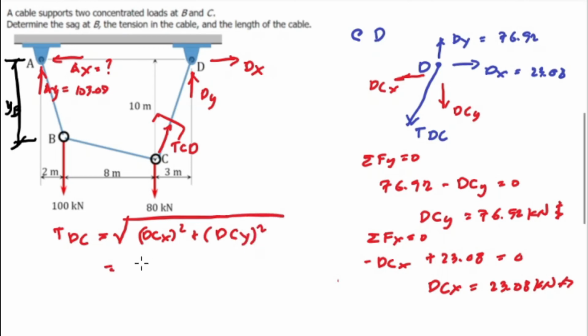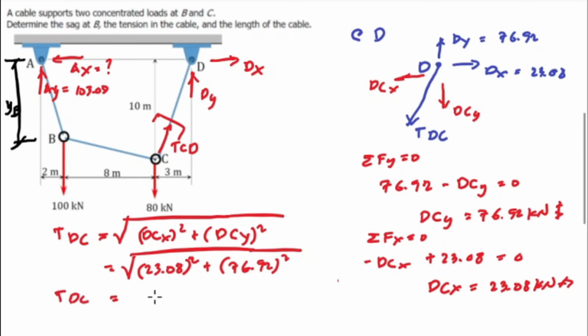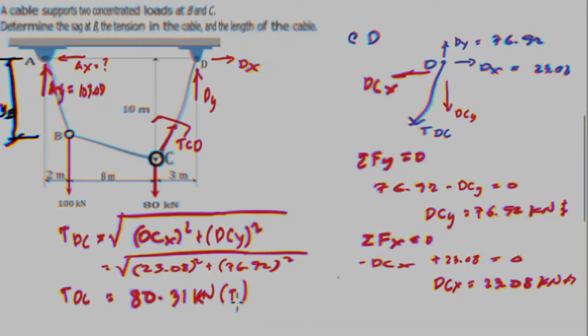The value for dc of x, we have 23.08 squared plus dc of y, which is 76.92 squared, and the value for TDC is equivalent to 80.31 kilonewton, and it is in tension.